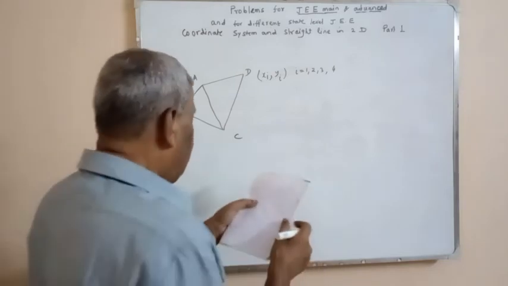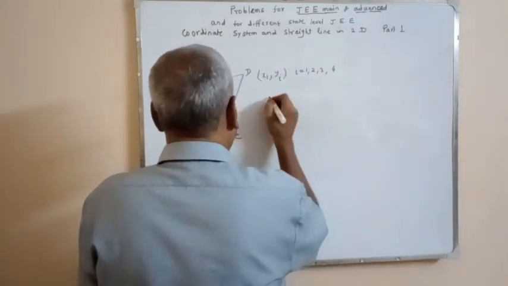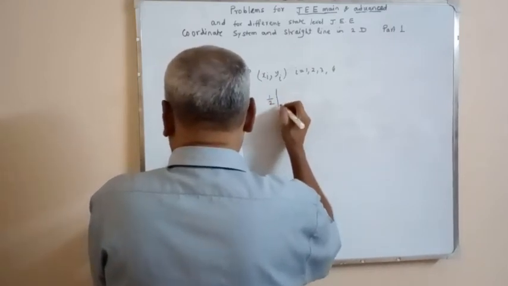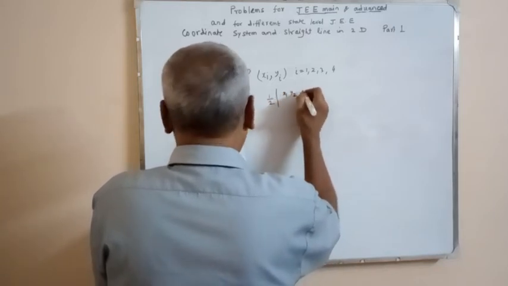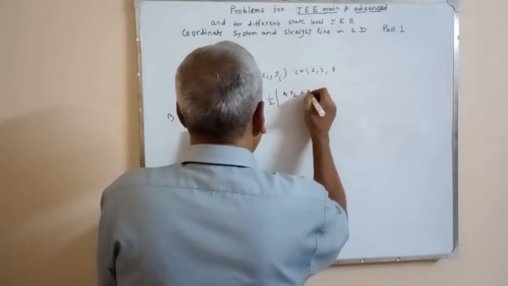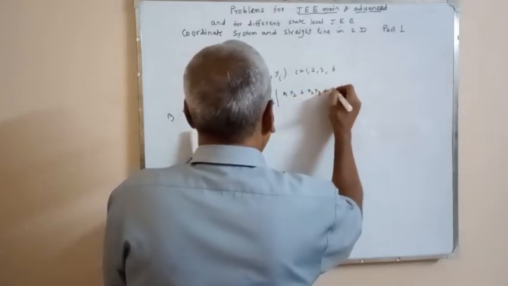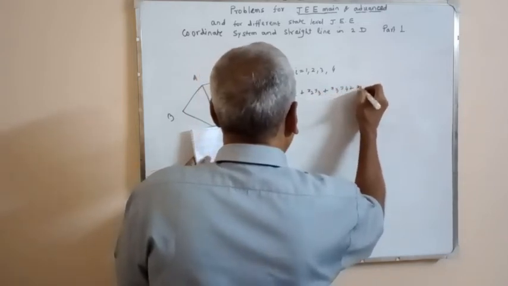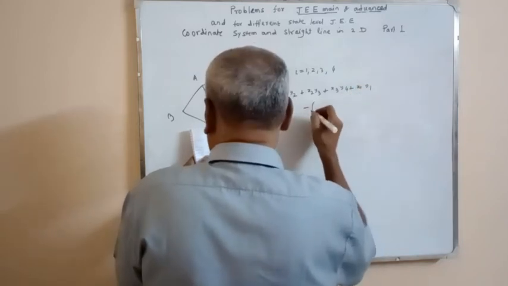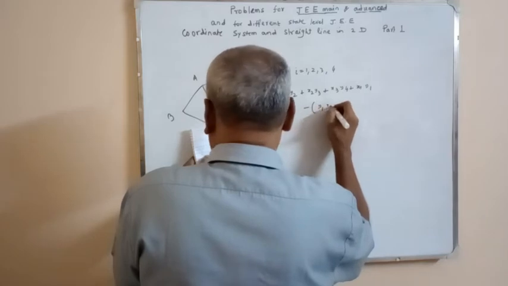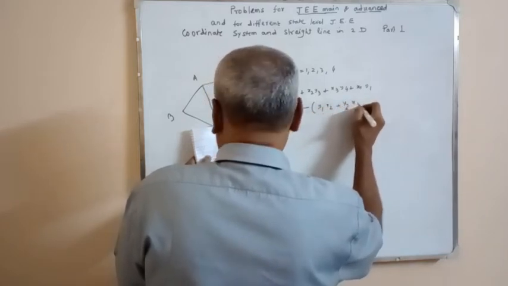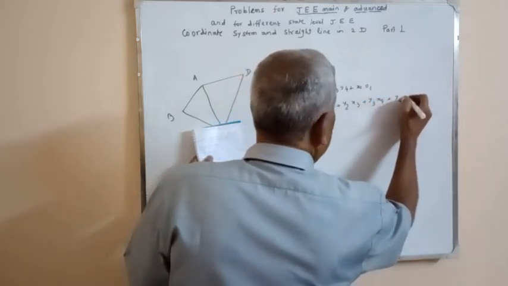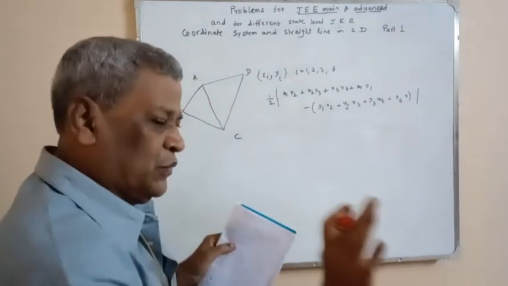Or you can keep in mind the formula: area of the quadrilateral is modulus of x1 y2 plus x2 y3 plus x3 y4 plus x4 y1 minus y1 x2 plus y2 x3 plus y3 x4 plus y4 x1, in square units.